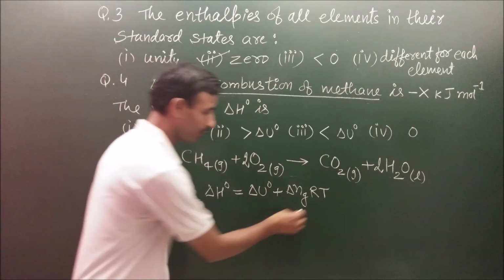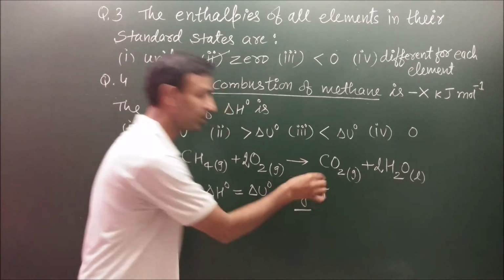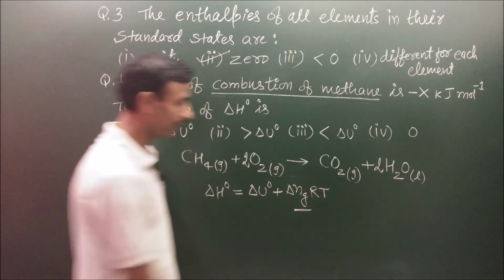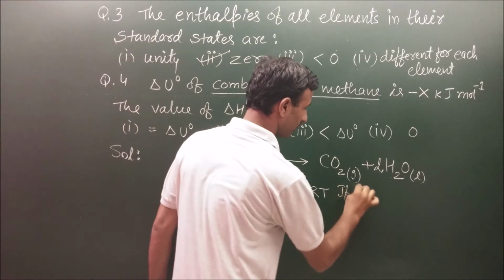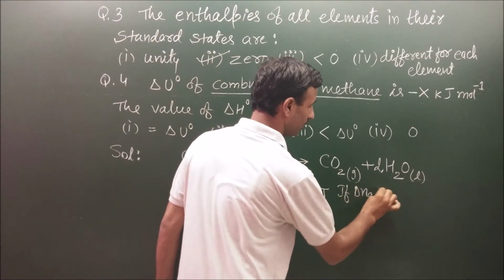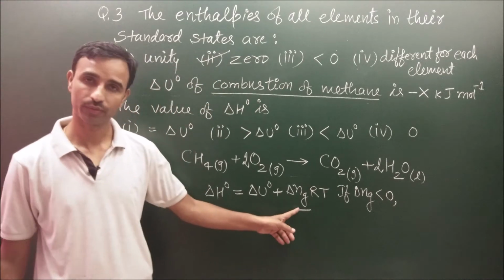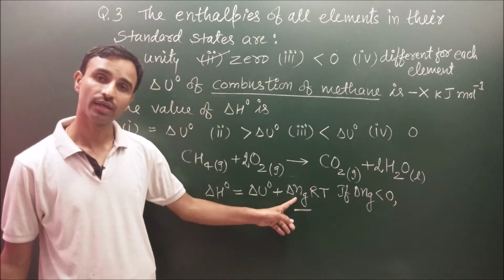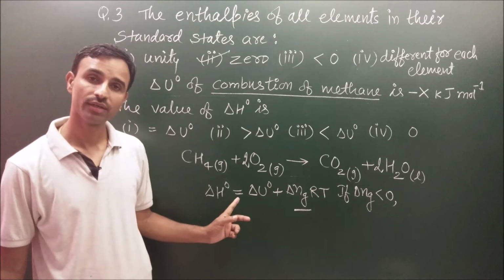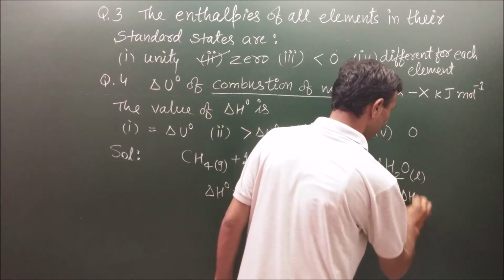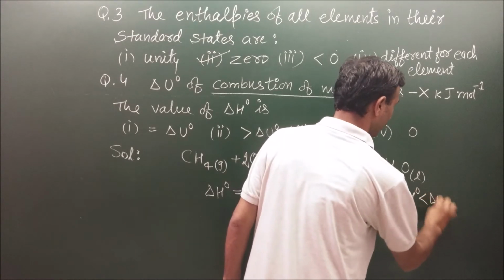Now, delta Ng decides the relation between these two. If delta Ng is less than 0, means negative. If delta Ng is negative, then delta H naught is less than delta U naught.